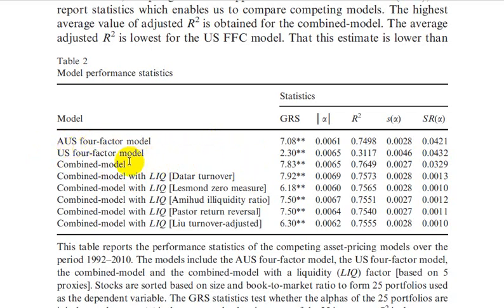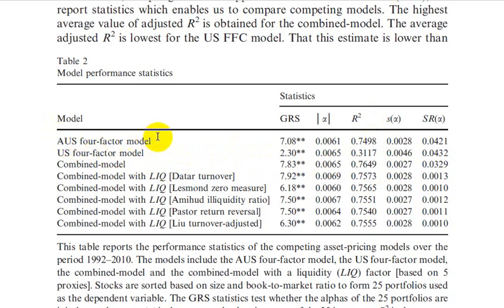And in spite of that, we see that the combined model has the highest R squared, so it has the best fit. Those factors just don't fully explain the cross-section of returns.